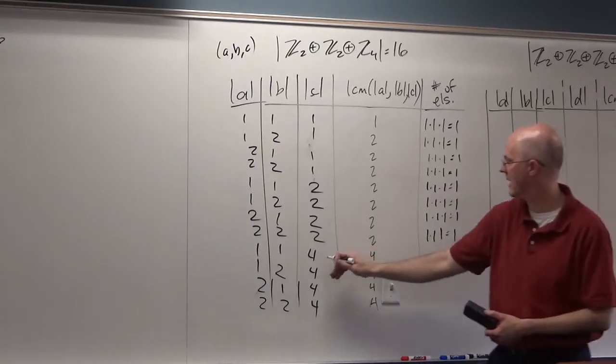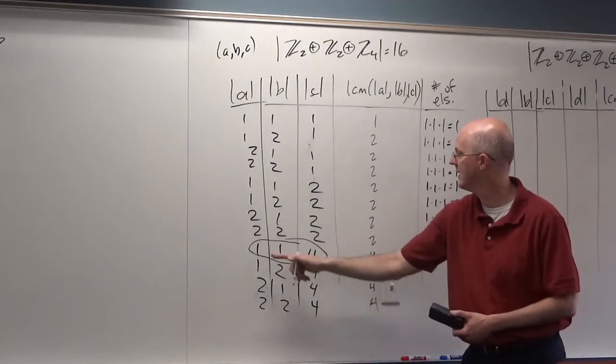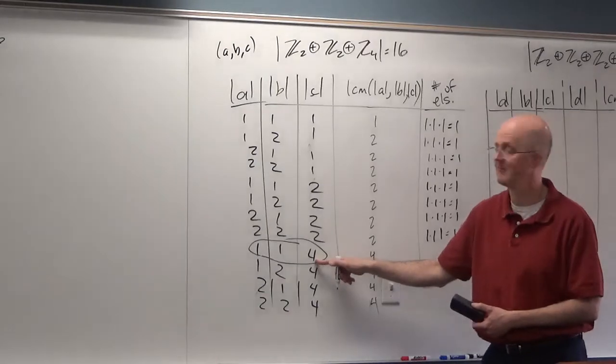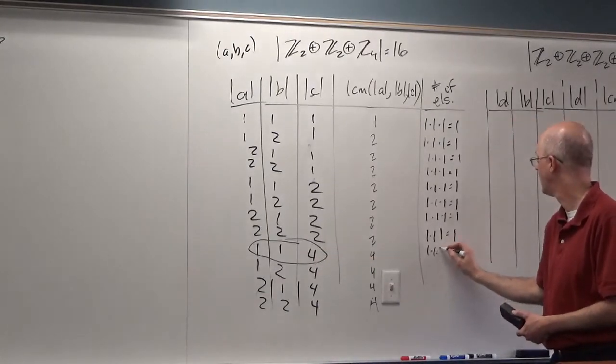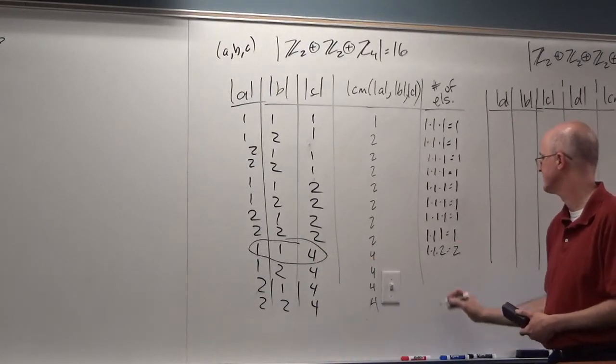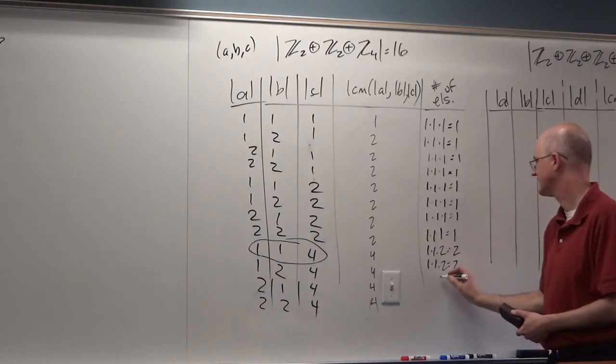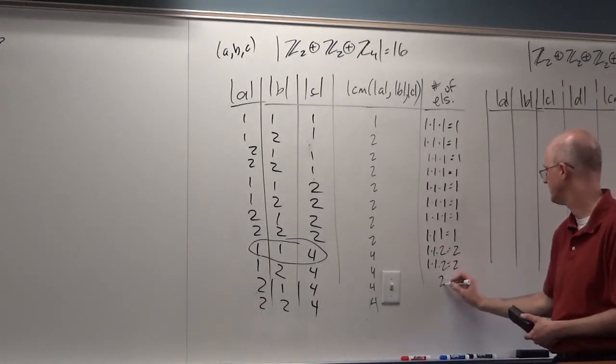All right, on to this row. Looking at that one. One possibility there, one possibility there, 2 possibilities here. And there's going to be 2 possibilities for the other ones as well.